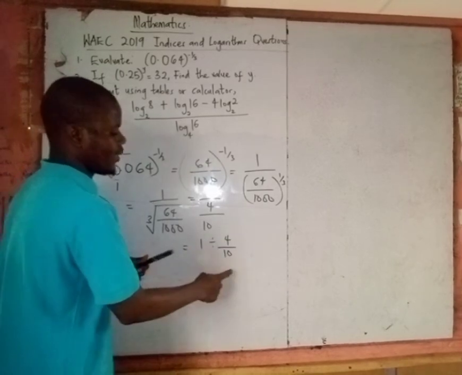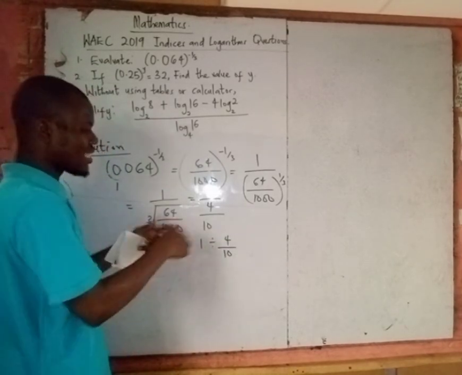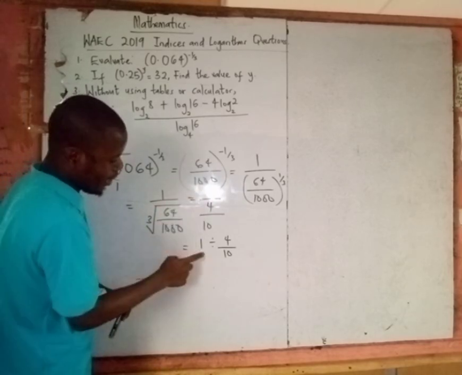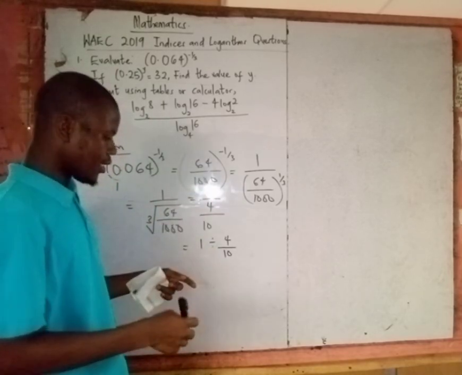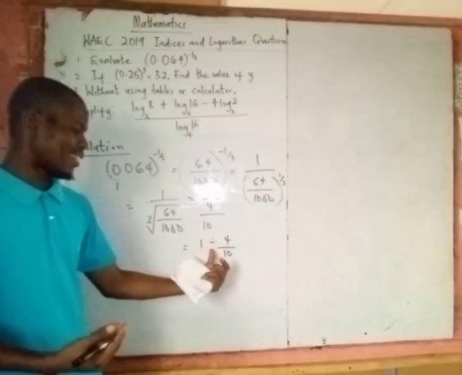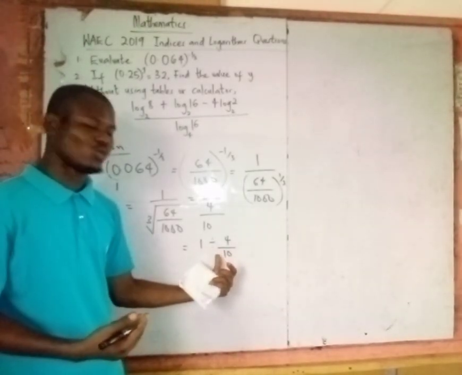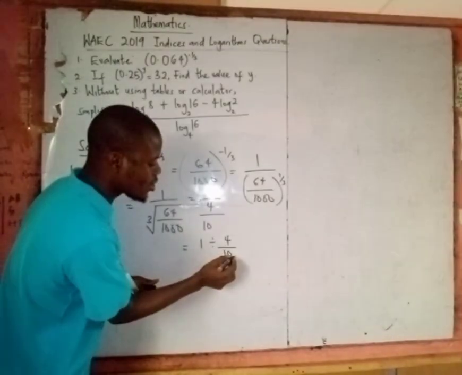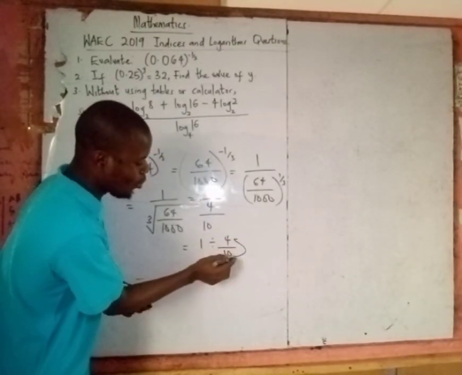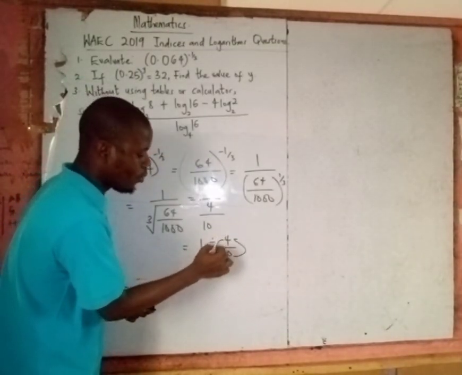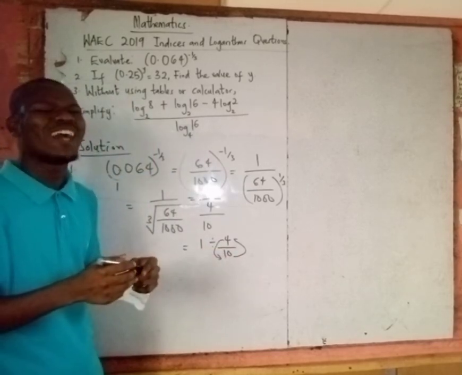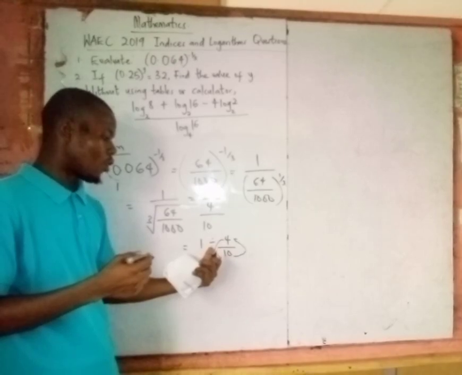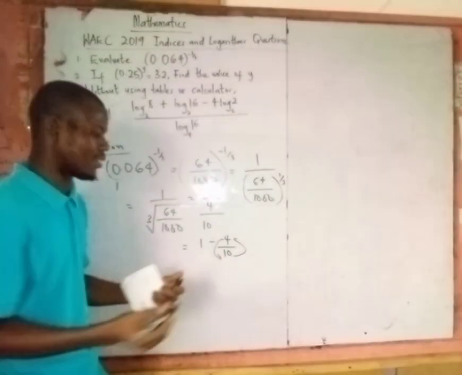In math, you change the division sign to the other side, so we change the position of 10 and 4. 10 will go up as the numerator, while 4 comes down as the denominator.